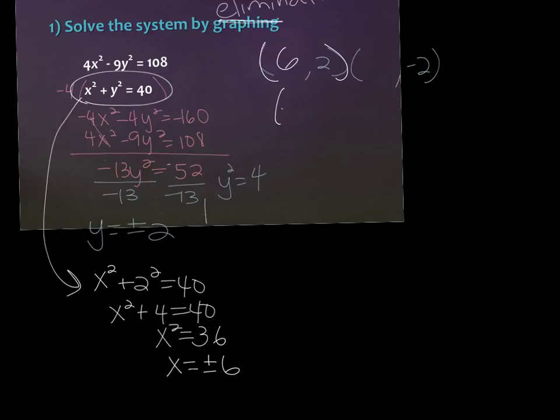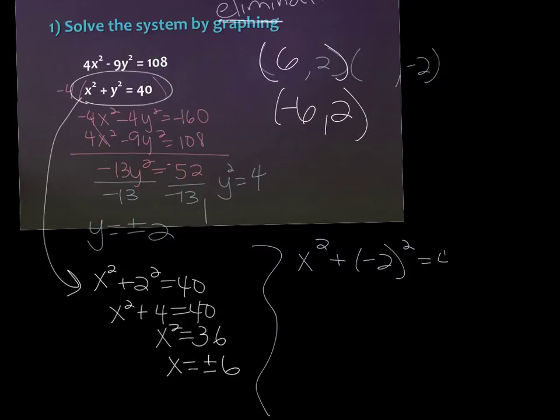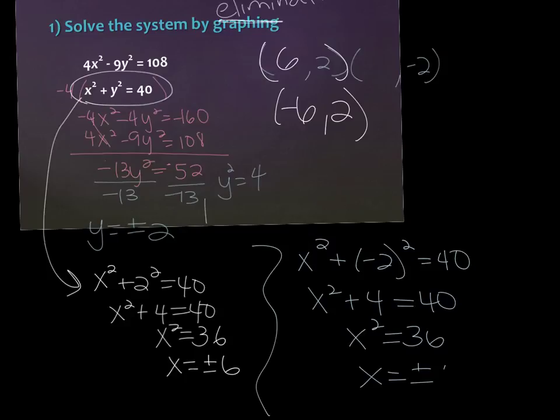One is 6 and one is -6. And then if I plug in -2, x squared plus -2 squared equals 40. The exact same thing happens because a -2 squared is the same thing as a +2 squared. Plus and minus 6. So now I've got 6, -2 and -6, -2.